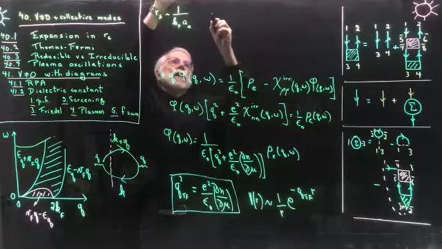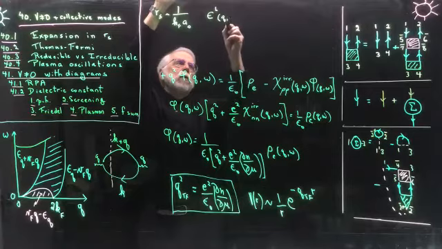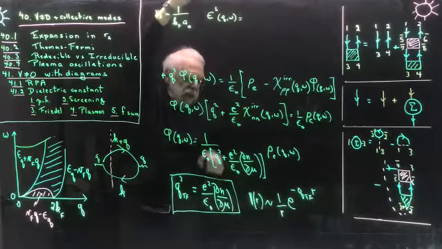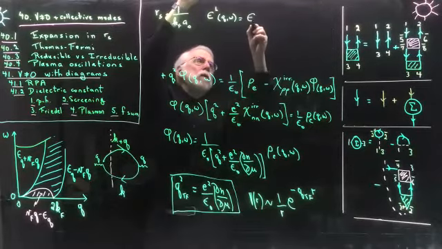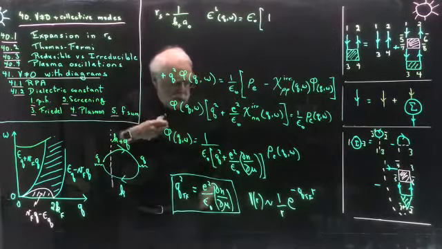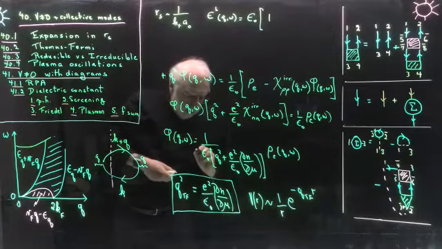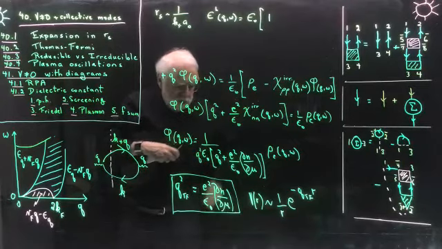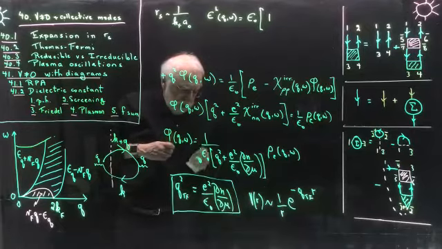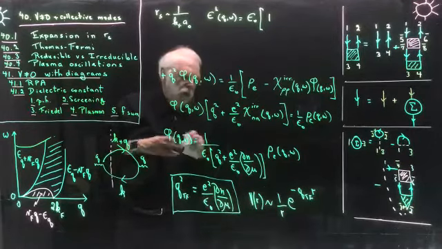So epsilon longitudinal of q and omega is equal to epsilon_0 times 1. So you see, to define a dielectric constant, what I need to do is to factor q squared here, because that's what I will do.